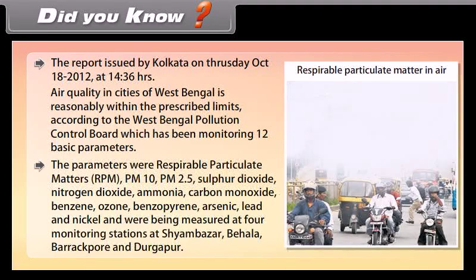The parameters were respirable particulate matter RPM, PM10, PM2.5, sulfur dioxide, nitrogen dioxide, ammonia, carbon monoxide, benzene, ozone, benzopyrene, arsenic, lead and nickel, and were being measured at 4 monitoring stations at Shambazar, Behala, Barrackpore, and Durgapur.